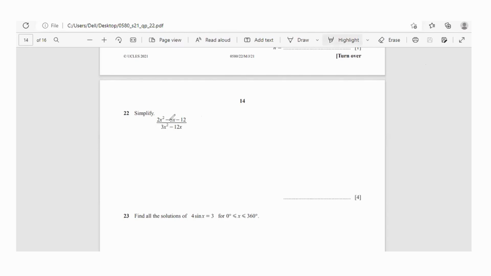Okay, so we have 2x squared minus 5x minus 12 over 3x squared minus 12x. I'm not going to help you here. You all will have to tell me the factorizing for the numerator and the denominator. We'll start from there. What would be the answer for numerator and denominator? Quick. Let's factorize this. Abdurrahman, I would like to see the answer from you.